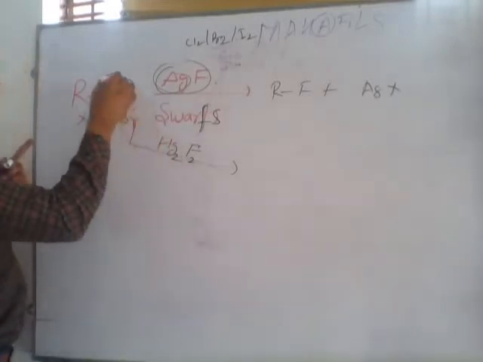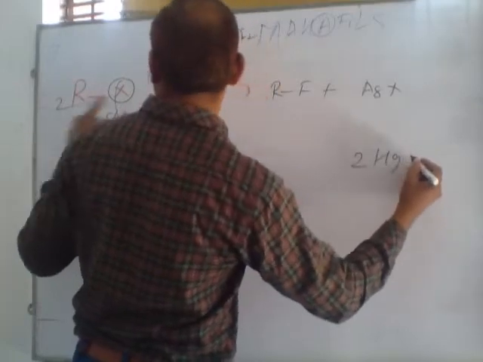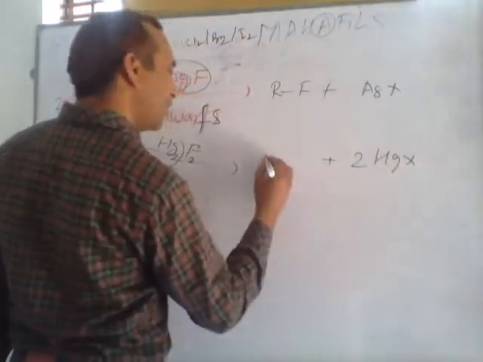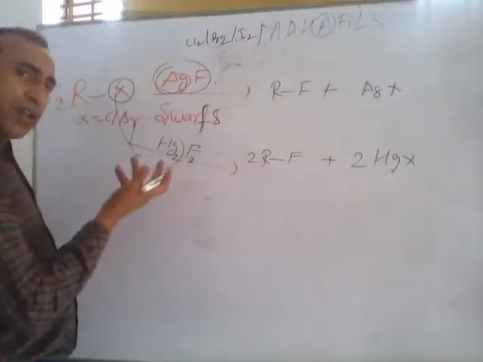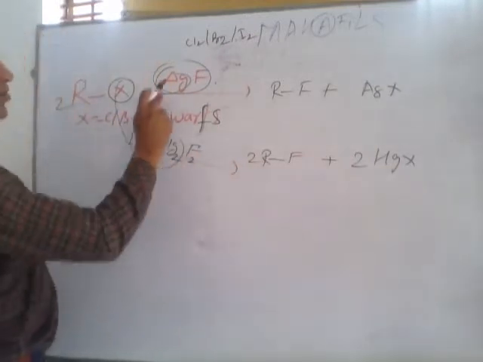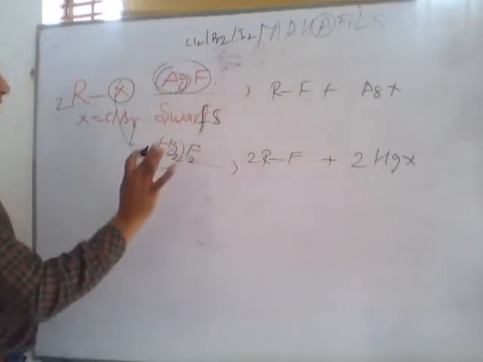After the reaction, Hg2X2 and RF are formed. This reaction is also called Swarts reaction. In Swarts reaction, we use silver fluoride or mercurous fluoride.